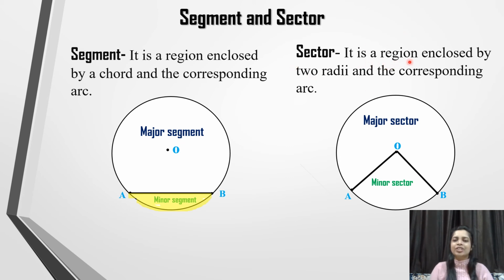It is a region enclosed by two radii and the corresponding arc. If we have two radii, that is OA and OB, and the corresponding arc AB is a minor one, then this whole sector is called a minor sector. And similarly, if we have two radii OA and OB, then the major arc gives a major sector. We can take an example of a pizza slice. We always have a pizza slice in sector form.